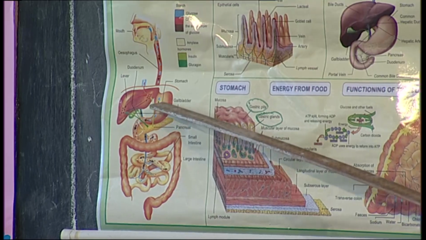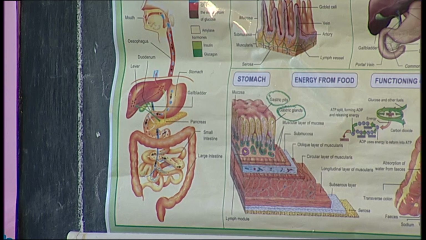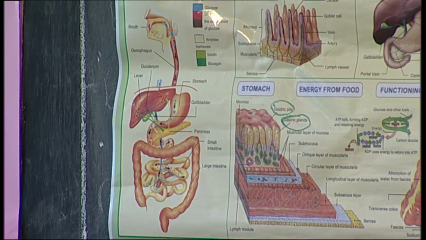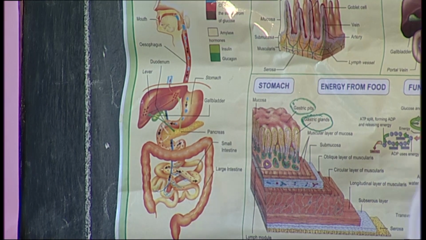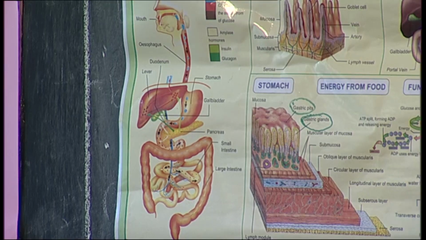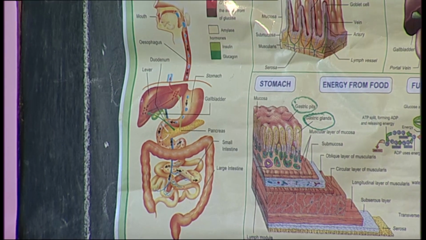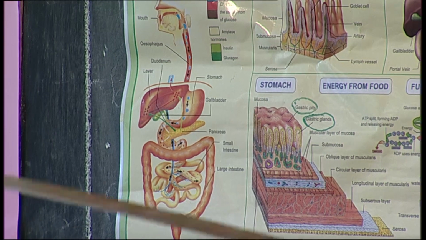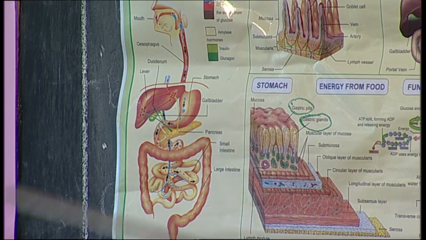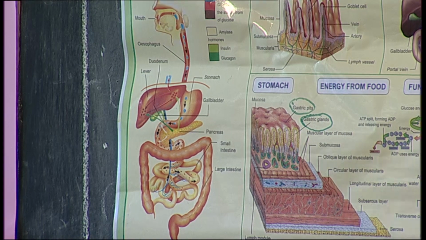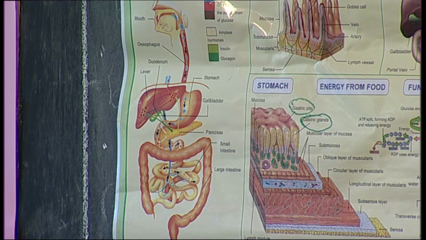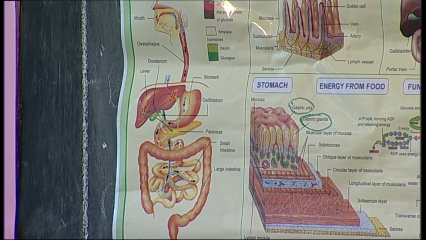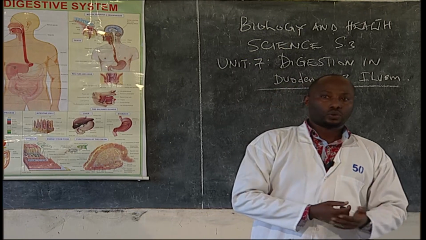We talked about hydrochloric acid and some protein digestive enzymes. I think you remember, students. We talked about renin and pepsin, and tried to mention some of their functions, and what hydrochloric acid does.